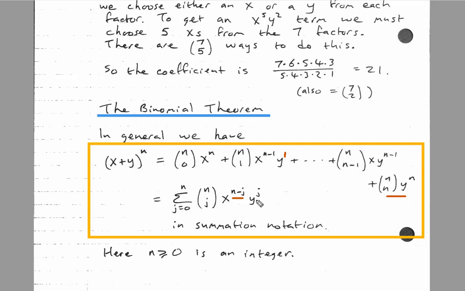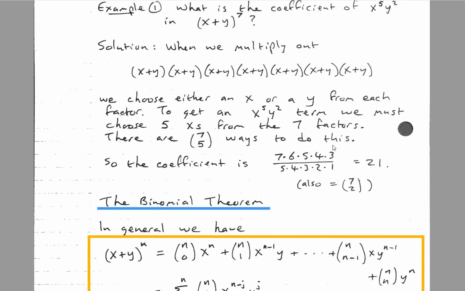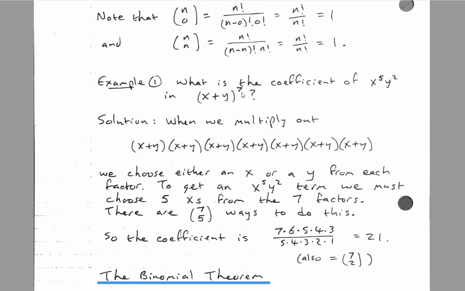Okay, so you can see the powers of x and y always add up to n. And we saw that in our example. So for the 7th power, 5 plus 2 equals 7. So those are the only kinds of terms that are going to show up.